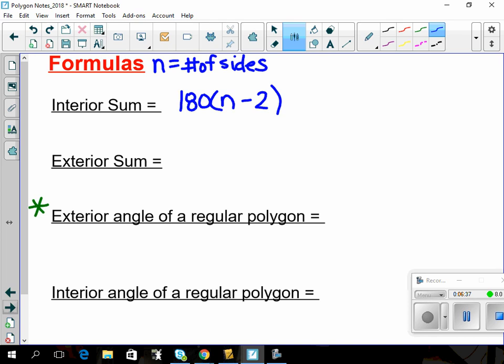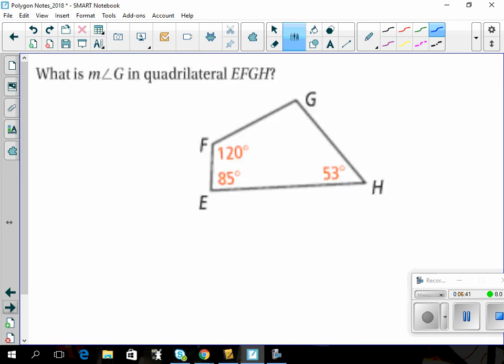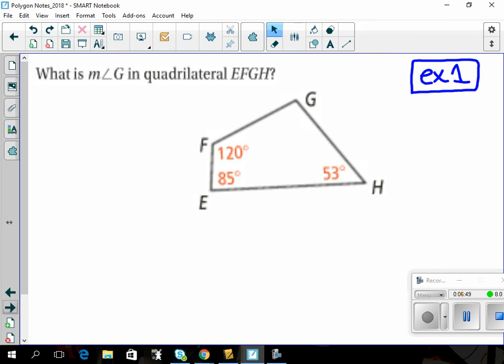Okay. So let's look at an example of an interior sum. So here's example 1. We're going to do 3 examples today. So I'm going to let you guys copy this example down. And it goes with our interior sum formula. Let's go ahead and label the angle we're looking for as x. It says to find angle G. So I'm just going to label it with an x.